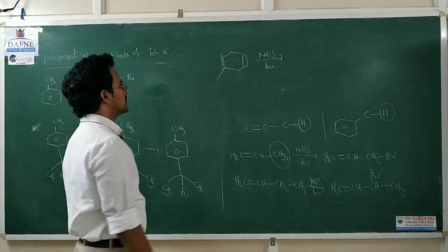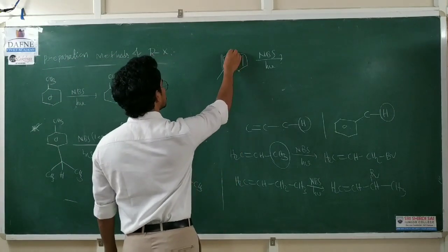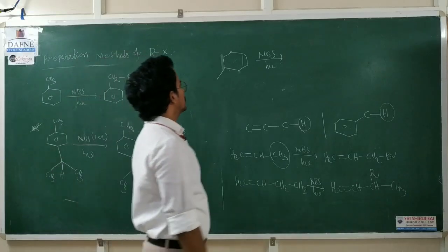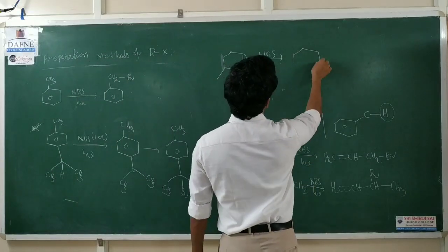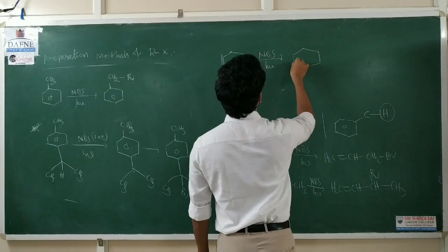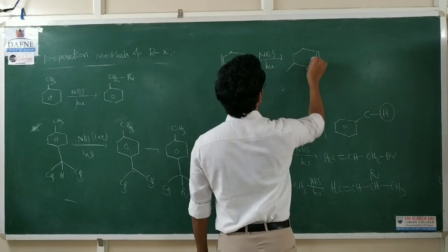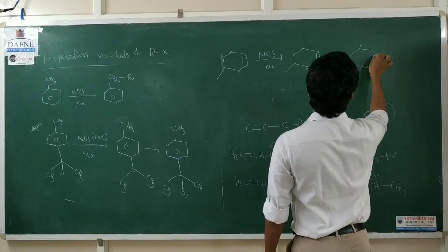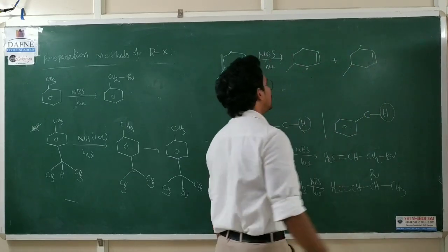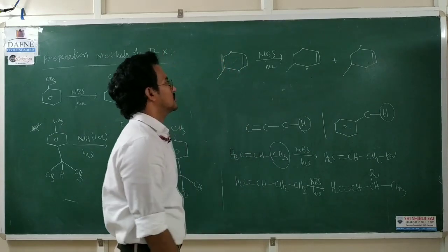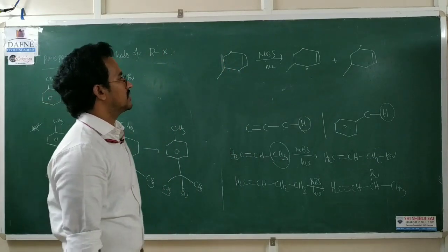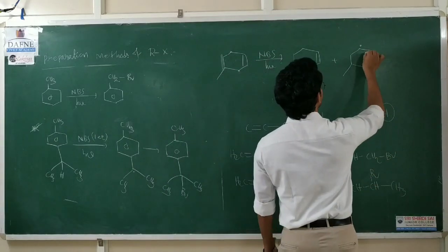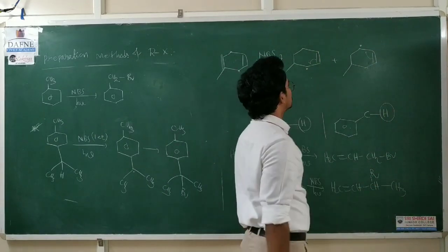This is an allylic carbon as well as that is also an allylic carbon. Between these two allylic carbons, where does substitution take place? First suppose this is the radical, or first suppose that is the radical. Between these two radicals, which radical is more stable? Of course, here both are stabilized by resonance. Here there is a resonance, here also there is a resonance.